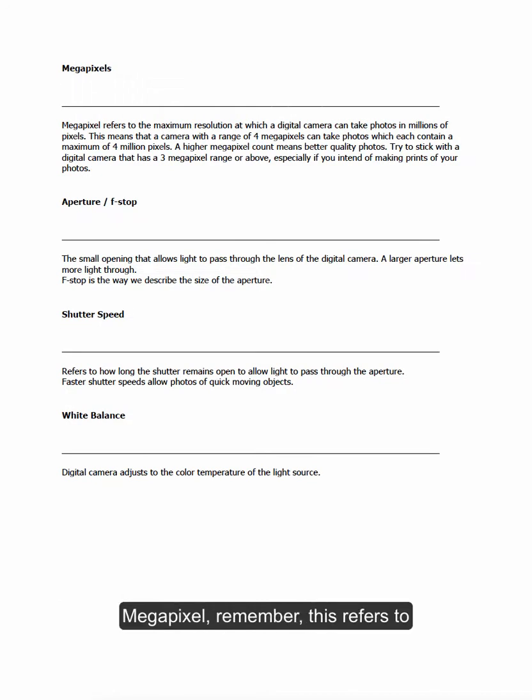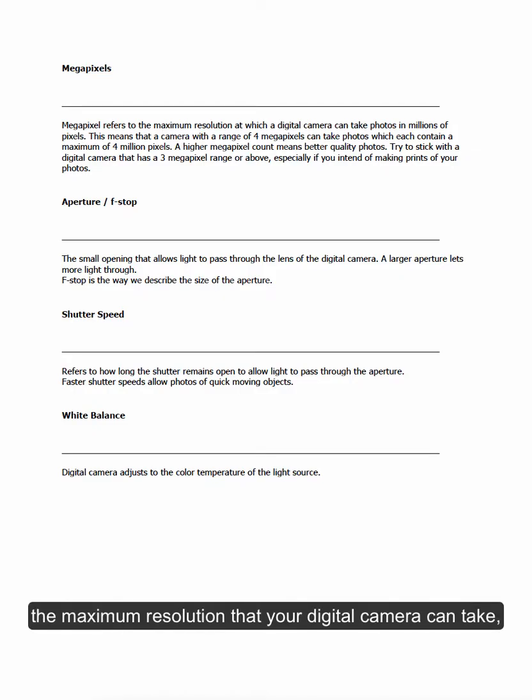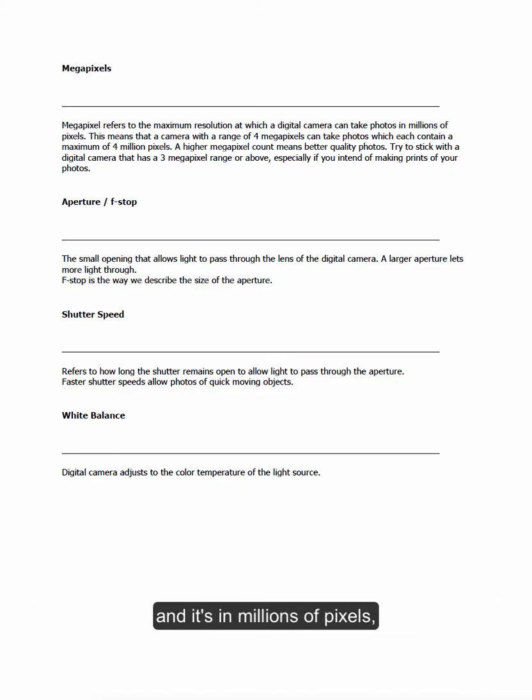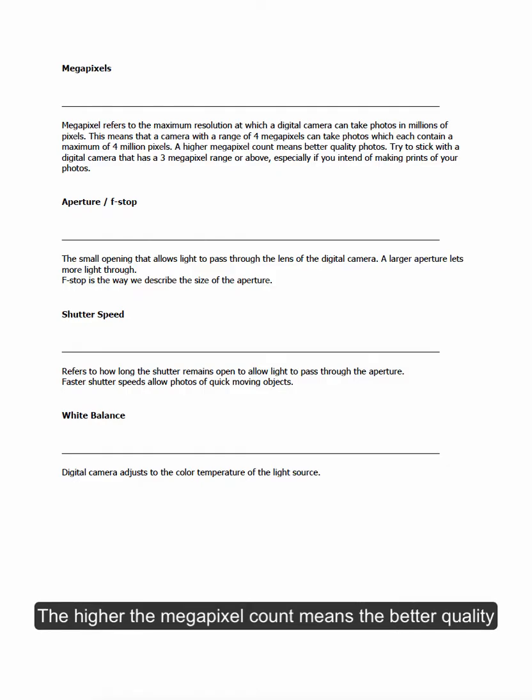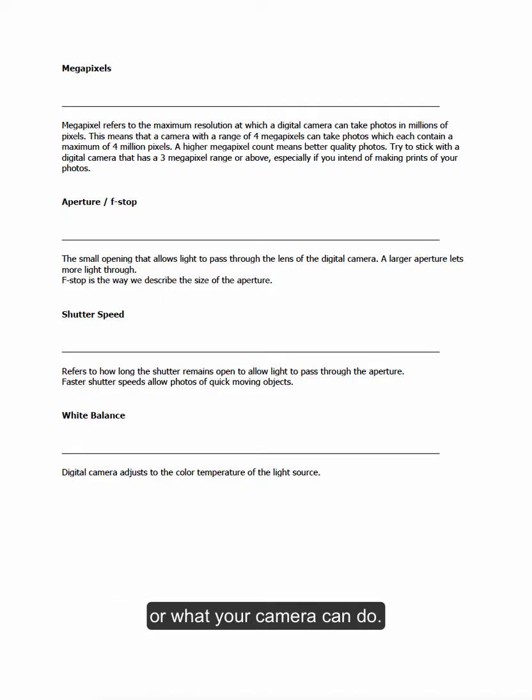Megapixel. Remember, this refers to the maximum resolution that your digital camera can take, and it's in millions of pixels. So a camera with a range of 4 megapixels can take photos that contain a maximum of 4 million pixels. The higher the megapixel count, the better the quality of photos. So I want you to see what range you have or what your camera can do.